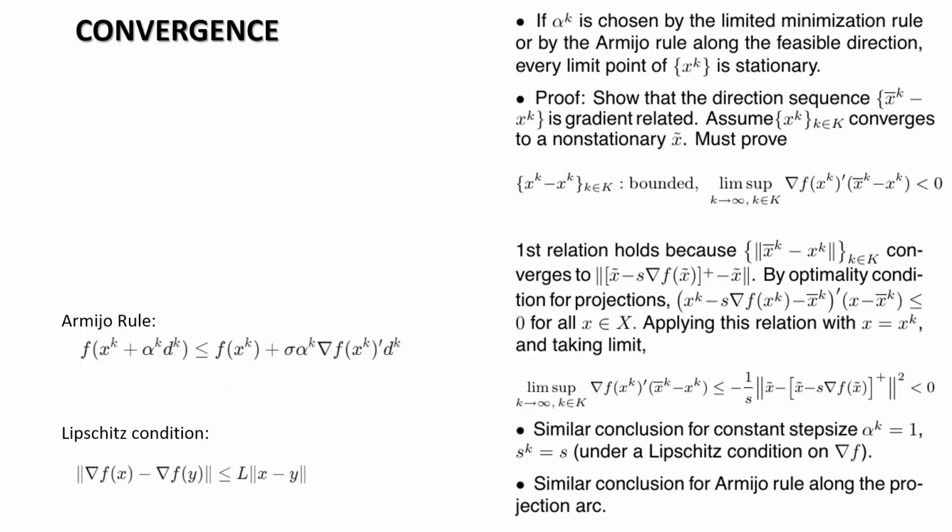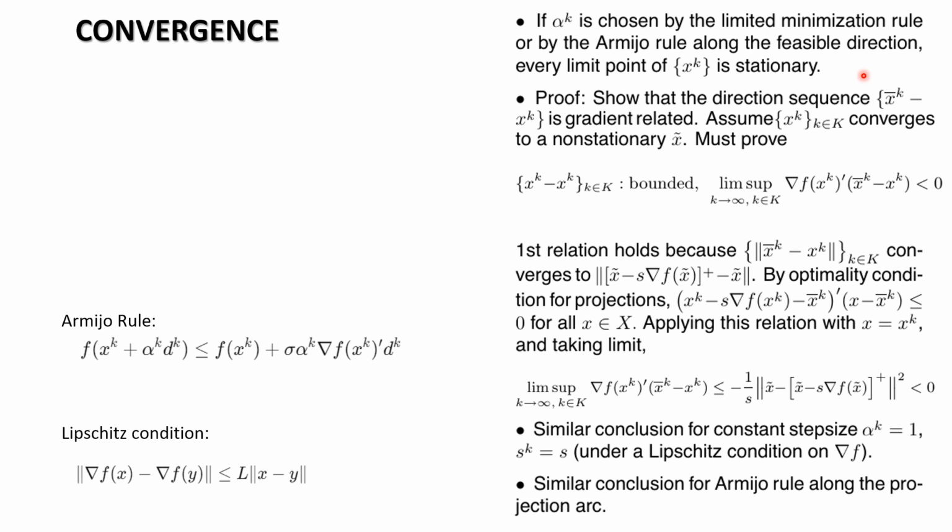Let's present a convergence proof for the gradient projection method, showing that every limit point of the sequence xk is stationary under certain step size rules like Armijo or limited minimization.